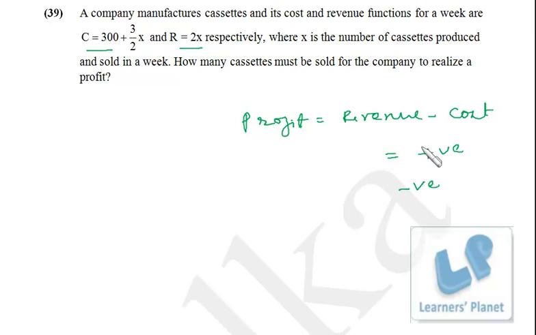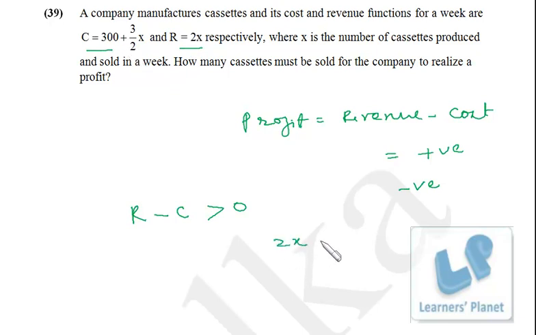Now it has to realize the profit. That means revenue minus cost should be positive. That means revenue minus cost should be greater than 0, right? It should not be even equal to 0, because in that case no profit, no loss will be there. But since we want profit, revenue should be greater than cost, or we can say revenue minus cost is greater than 0. Okay, now I put up the value of R and C from here.